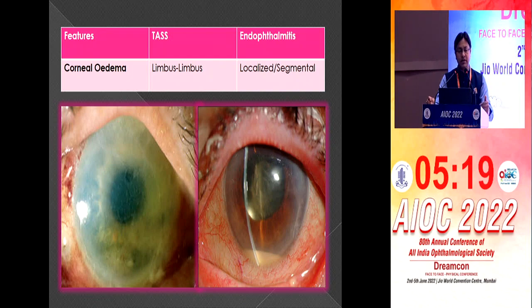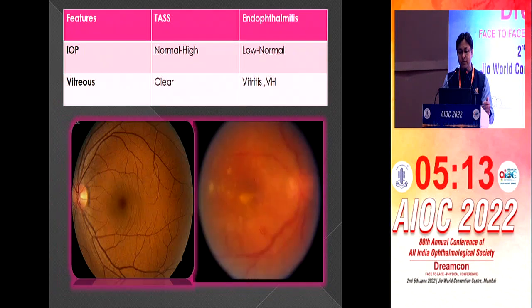But in TAS it is usually difficult to see through. Coming to IOP, it may be normal in both cases, but usually in TAS it may be on the higher side and in endophthalmitis on the lower side.